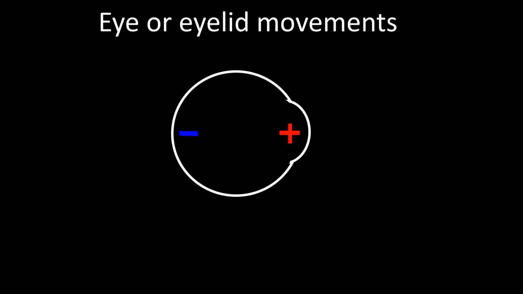From our previous discussion, we can surmise that the eye can be viewed as a direct current battery, with the positive pole anteriorly towards the cornea and the negative pole towards the most posterior region of the retina.